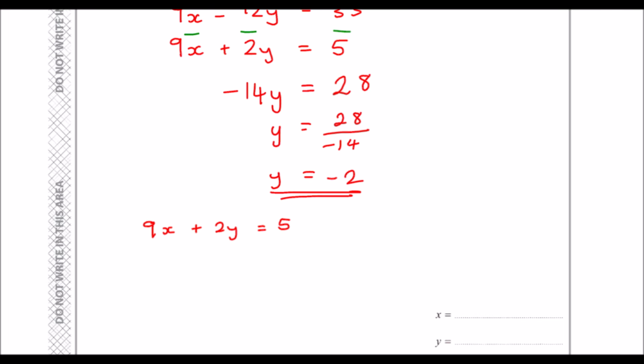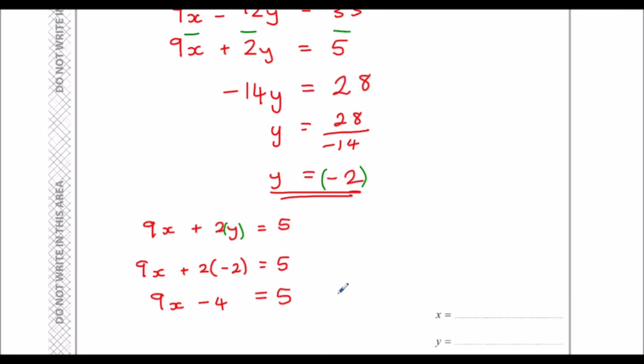And I know now y is negative 2. So I can change y into negative 2. So 9x plus 2 times negative 2 equals 5. 2 times negative 2 is negative 4. So 9x minus 4 equals 5.